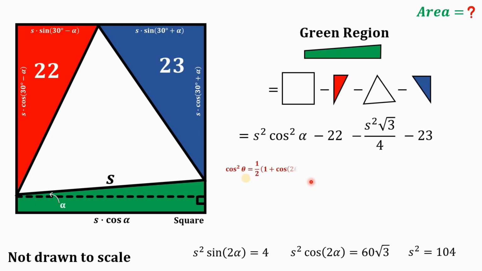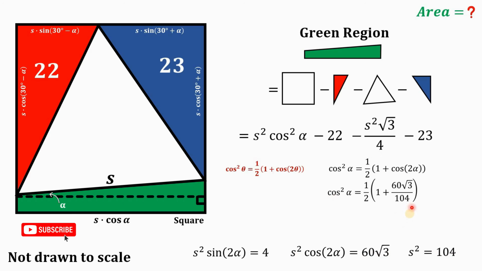But take note, cosine squared theta is simply equivalent to 1/2 times 1 plus cosine of 2 theta. In short, cosine squared alpha is simply equal to 1/2 times 1 plus cosine of 2 alpha. We know the value of cosine 2 alpha. This is just 60 times square root of 3 divided by s squared, which is 104. So, simplify this, we can say that cosine squared alpha is simply equal to 26 plus 15 times square root of 3 divided by 52.